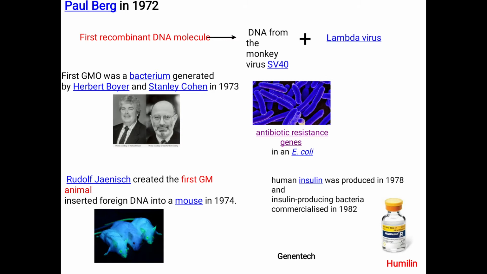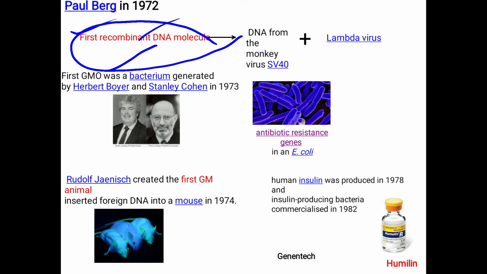So we first see some historical background. In 1972 there was a scientist named Paul Berg who first designed the first recombinant DNA molecule. He designed that recombinant DNA molecule from two different organisms: a monkey virus SV40 and the lambda virus.